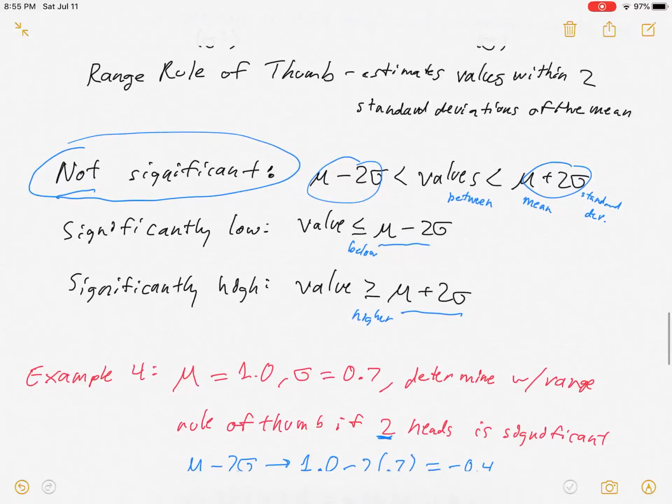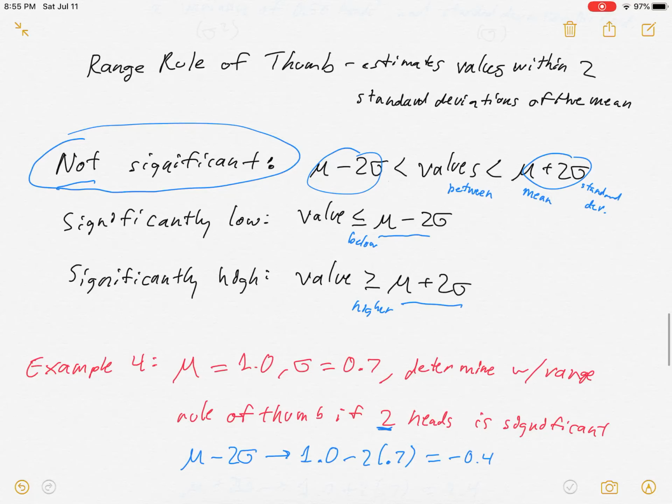There's also a portion called the range rule of thumb, which estimates values within 2 standard deviations of the mean. This is just an estimation, to determine whether a value is significant or not. Basically, if a value is outside certain limits, then it's significant. If it's not, then it's not significant.